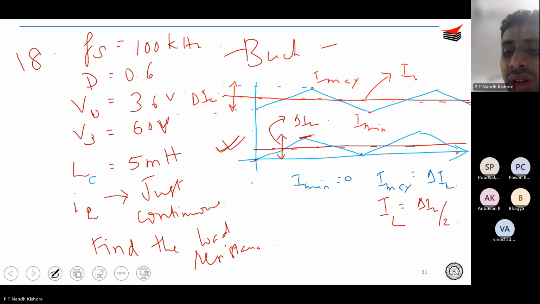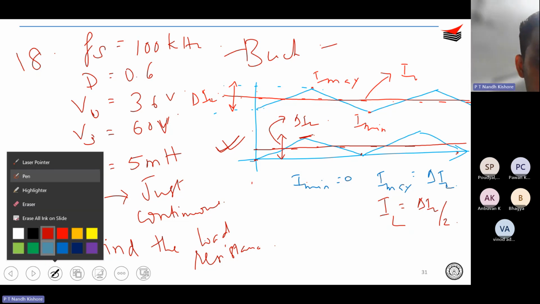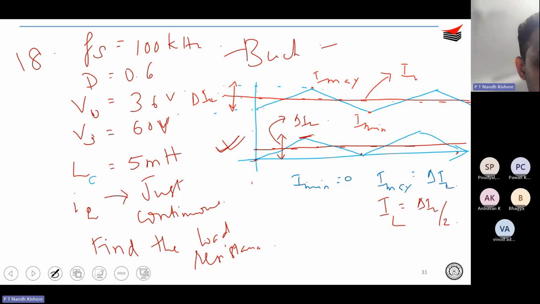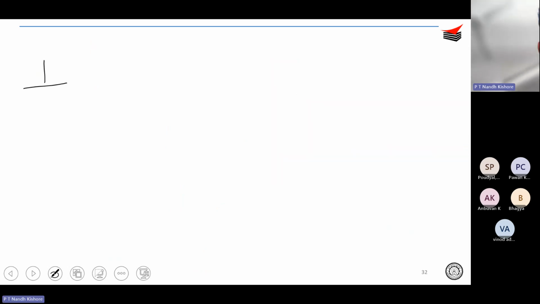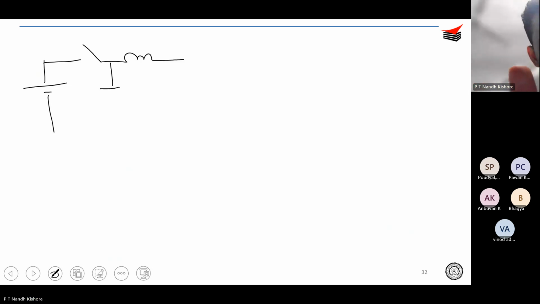Okay, so what is the IL average in a buck converter? Let me go over to the next slide. In the buck converter, you have something like this, and then you have your load.